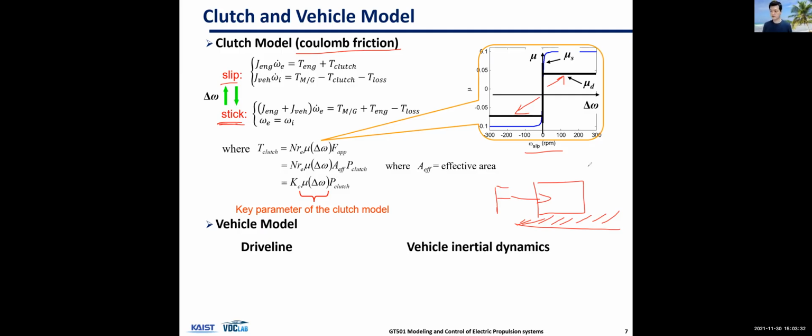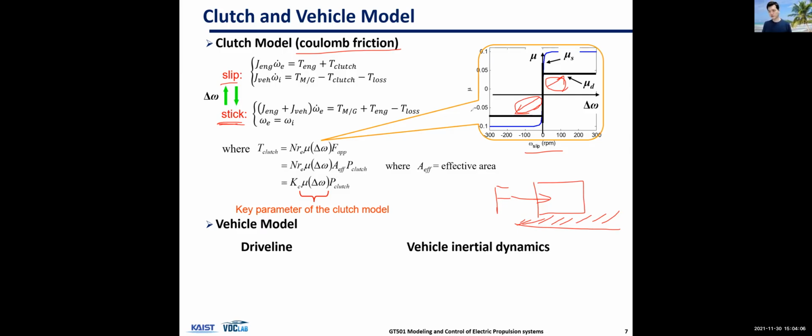Same thing, it's just that we're looking at two rotating shafts instead of pushing a box. When a box is sitting on a surface, it leads to higher friction, but as soon as the box starts to move, the friction drops, because then you are getting into this dynamic friction region.